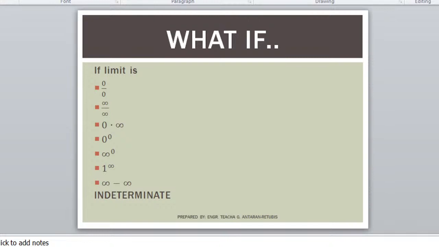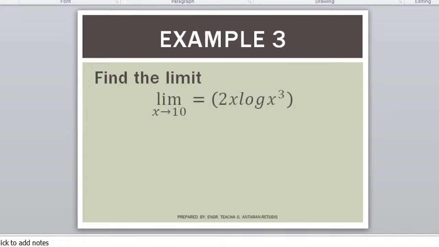What if ganito yung pag-substitute mo? Kasi class, hindi lang all the time is ganito eh. Hindi all the time ganito yung ina-approach ng x natin, approaching a real number or a finite number.